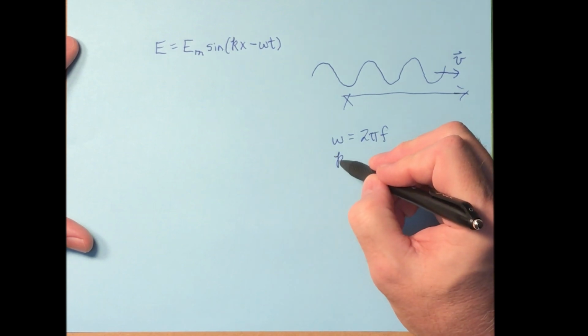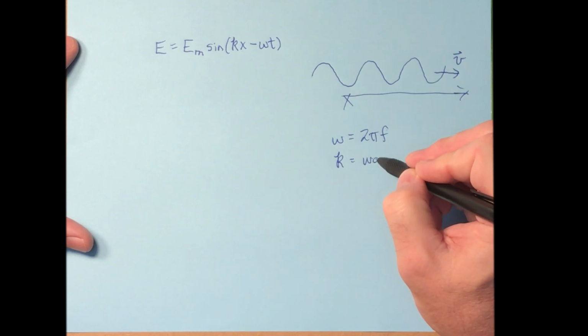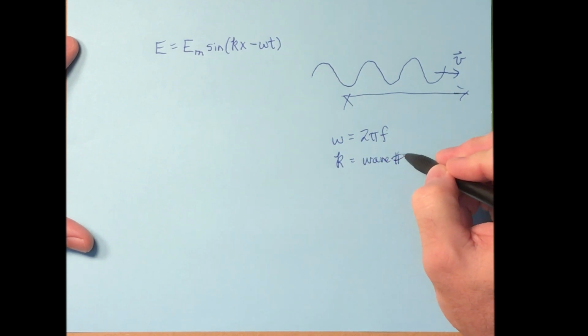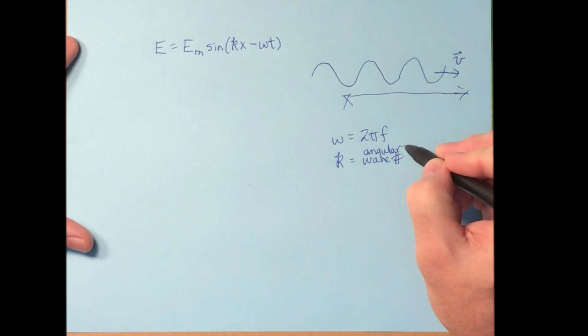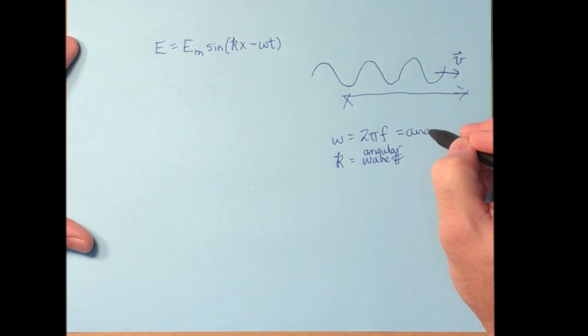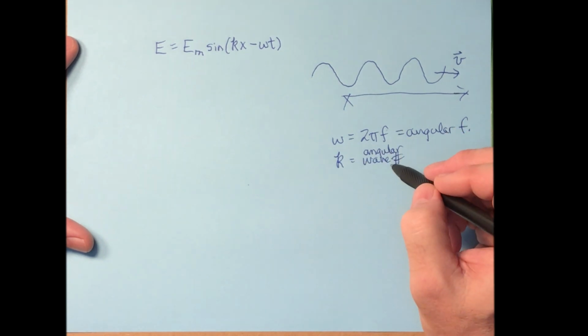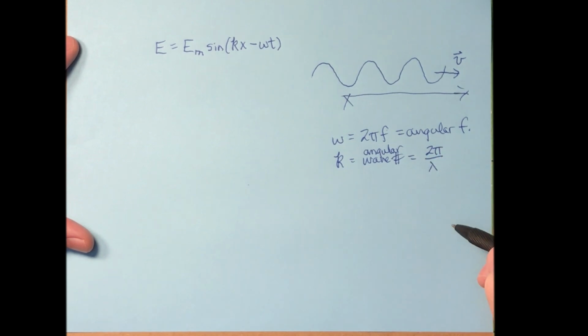But k is something new here, and this is called the wave number. Specifically, the way that we're going to treat it, it is an angular wave number, just like this is an angular frequency. It is defined this way as 2 pi over lambda.